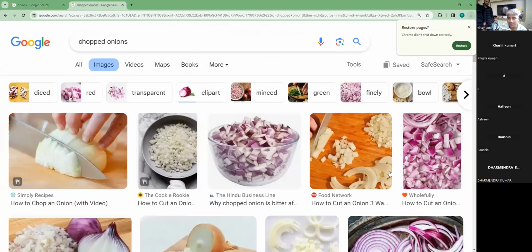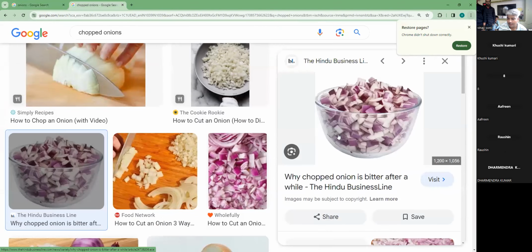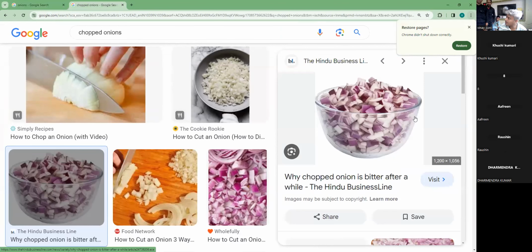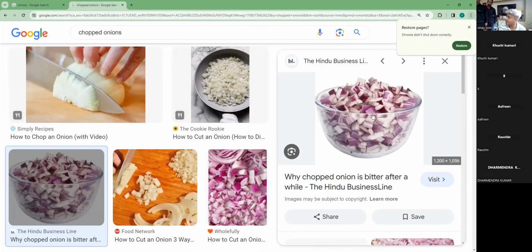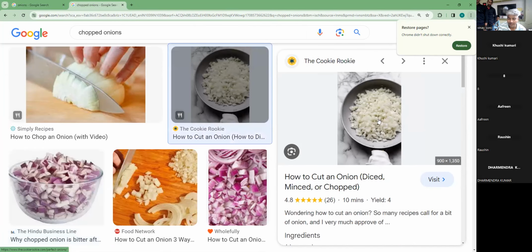Can you use onions here? It is onion, the material onion. I hope you understand why they are countable and uncountable both. You can't call it onion here. You can clearly see onions. This is onions here. And here we have onion.